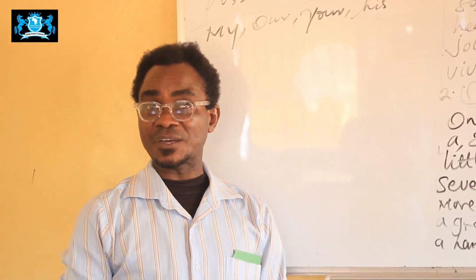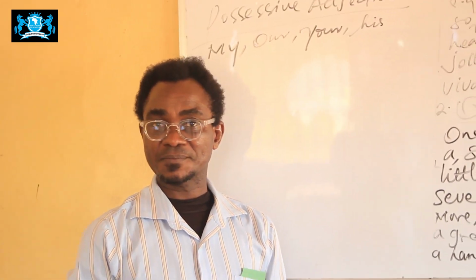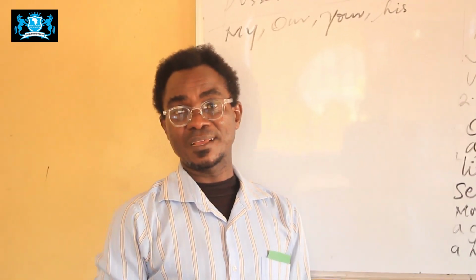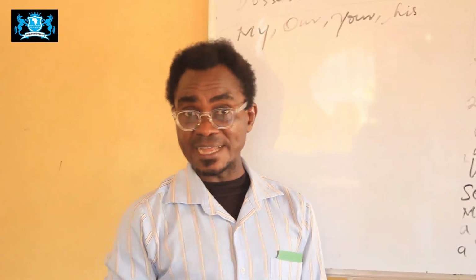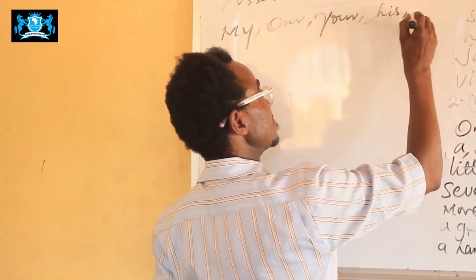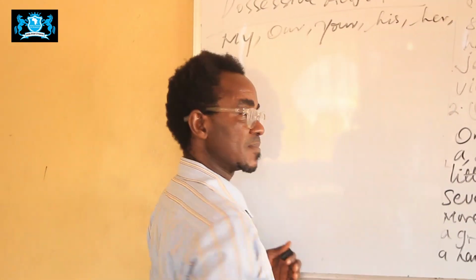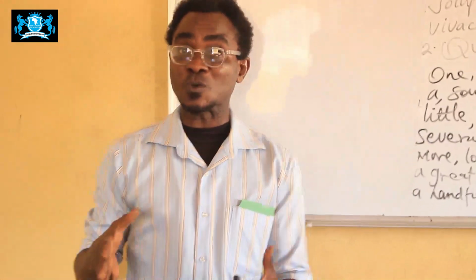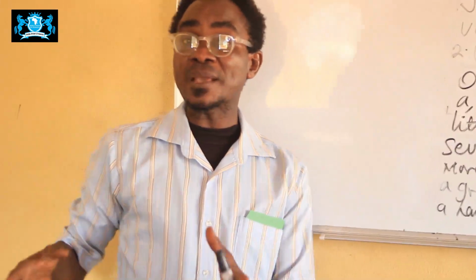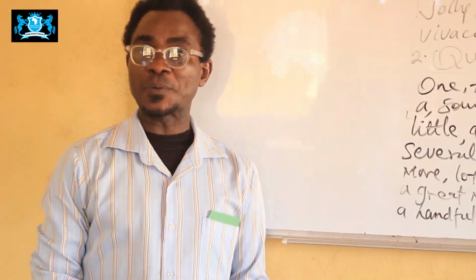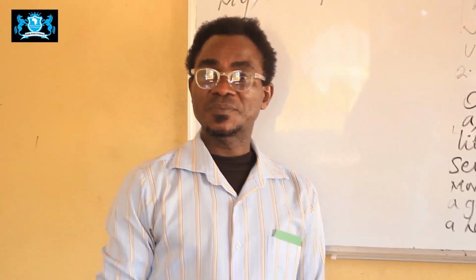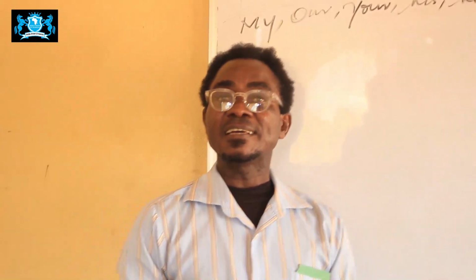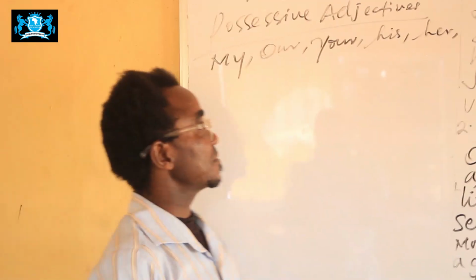His sister is called Sarah. He has gone to the country to visit his great auntie. Her manners make her likable to so many people. She is a nice girl. Her behavior is adorable.